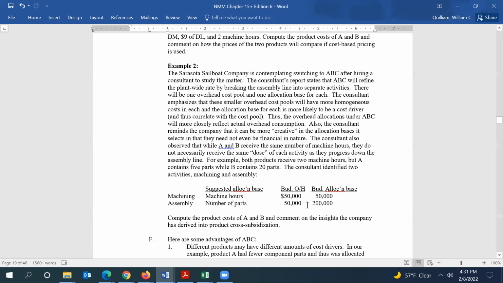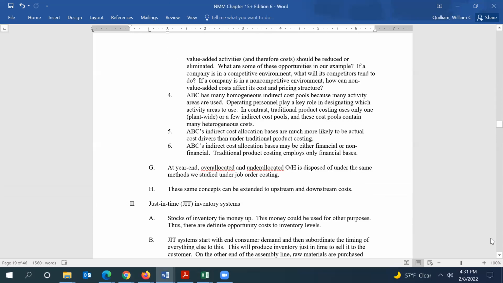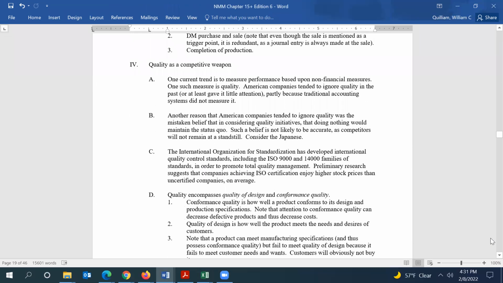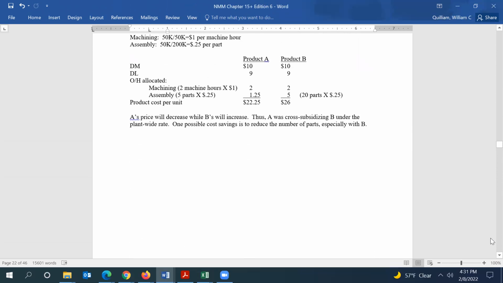Well, then, dollars of overhead we budget in, again, 50,000, and the budget number of parts, 200,000. So we'll compute the product cost of A and B and comment on the insights the company has derived into product cross-subsidization. So again, let me go down here to the very end, show you the solution.